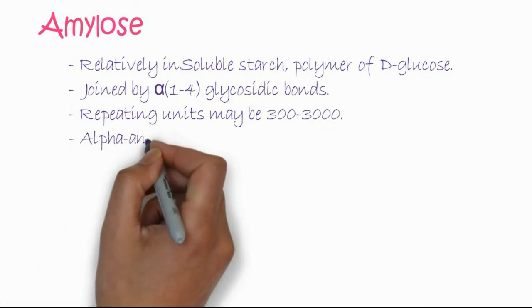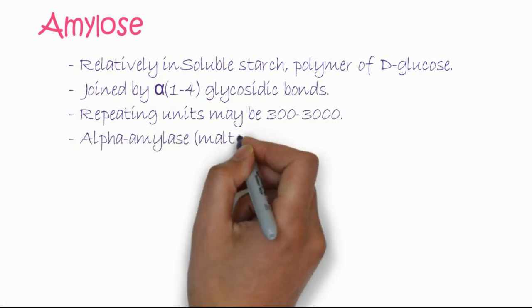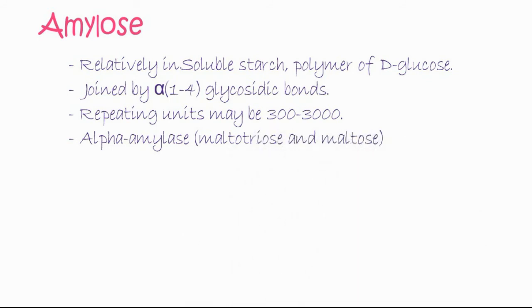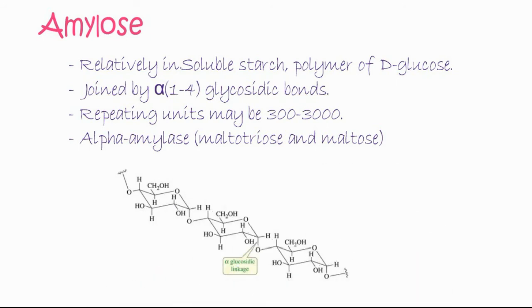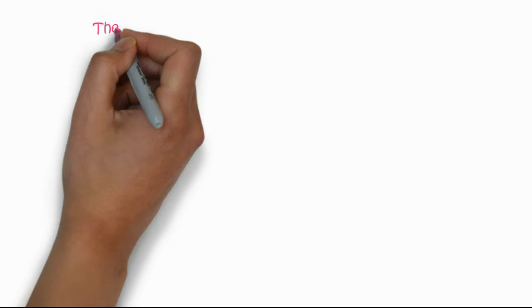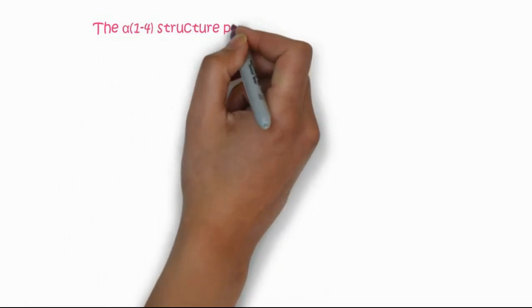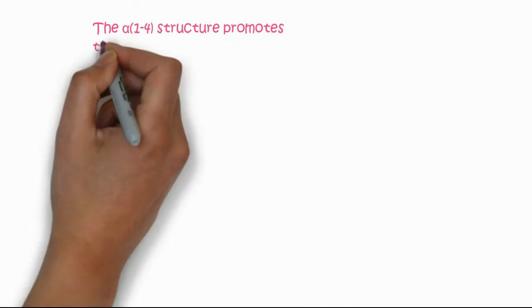Amylose is the repeating unit, containing 300 to 3000 units. There is an enzyme known as alpha amylase, which digests amylose to maltotriose and maltose. You can see here in this picture they are joined to each other by 1 to 4 linkage.